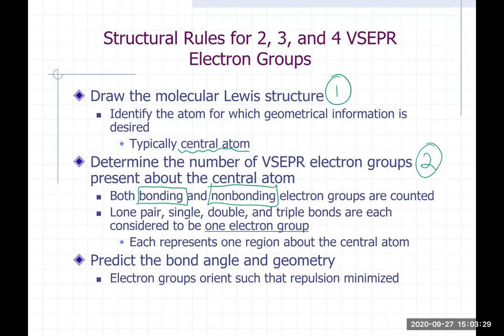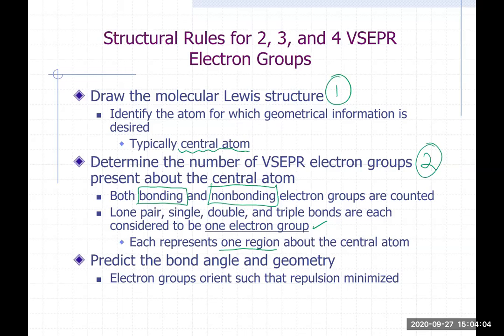If you're after electron structure, it doesn't matter. You don't have to distinguish between bonding and non-bonding. But if you're looking for molecular structure, which is what we're going to do next, you need to determine how many bonding electron domains do I have and how many non-bonding VSEPR electron domains do I have. You're looking at lone pairs, single, double, and triple bonds, each considered to be one electron group, because each represents one region about the central atom.